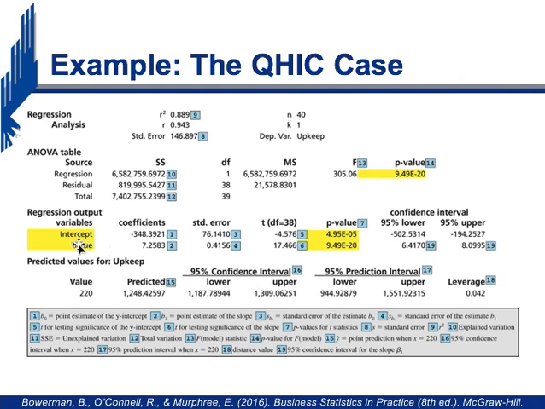The coefficients are shown here. So the y-intercept is negative 348.3921, which is again what was shown earlier. And 7.2583 is the slope. And again here, that is positive.